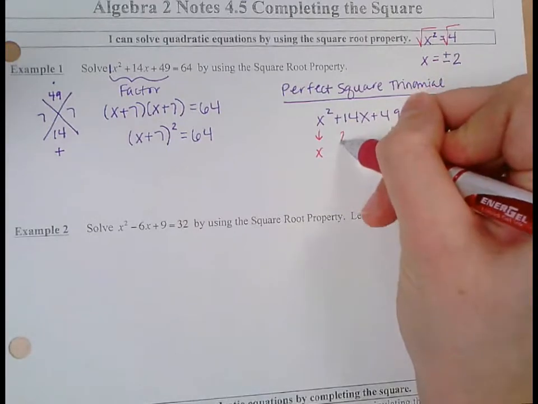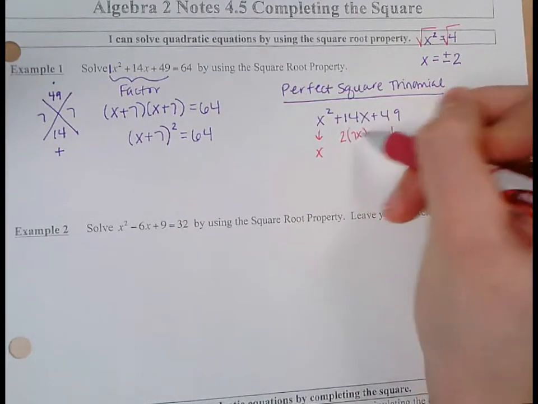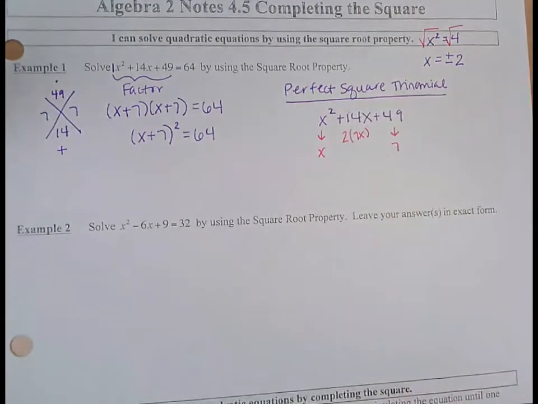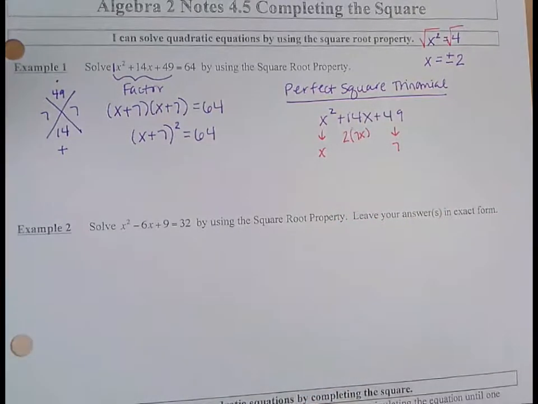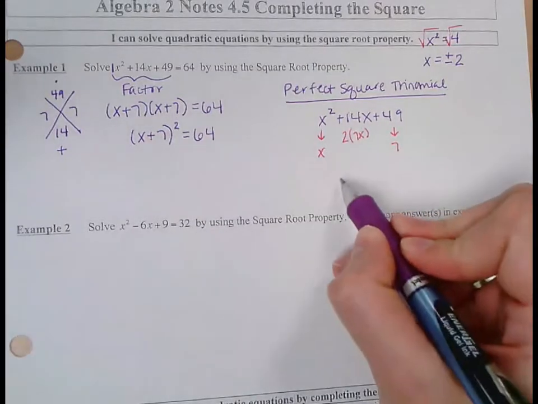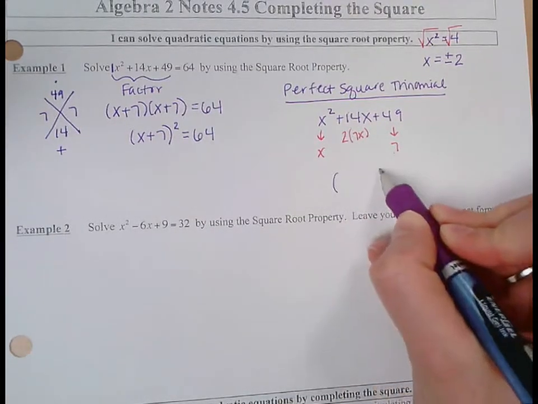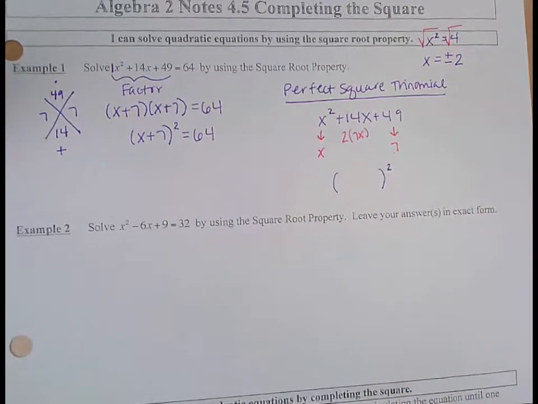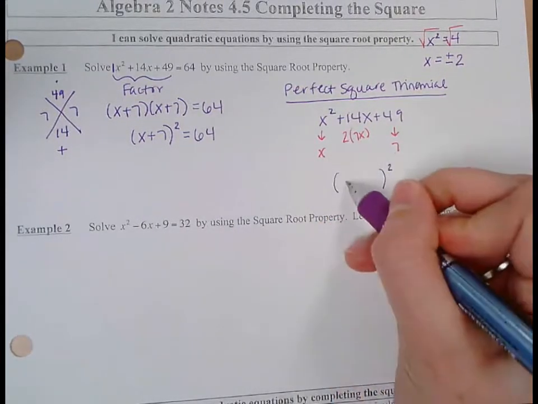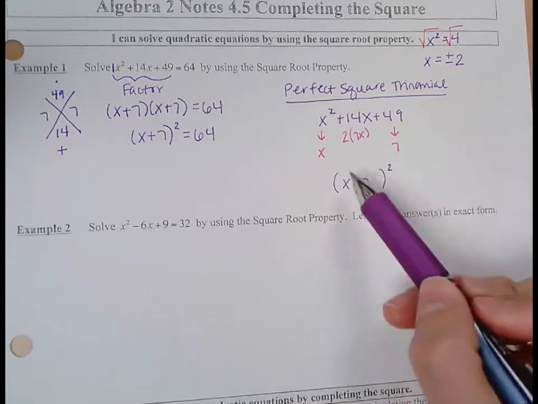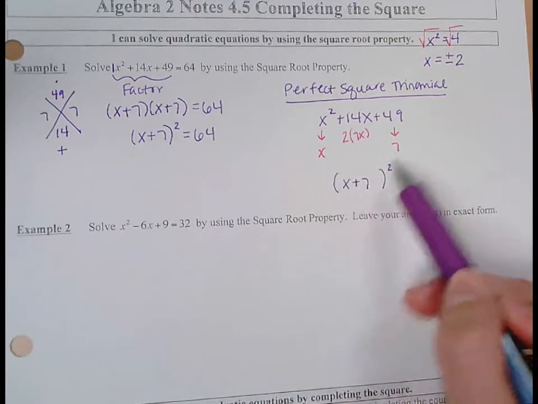If I double that, I do get 14x. So if you have a perfect square trinomial, the shortcut is to say this is going to factor to be a quantity squared. The quantity inside in this case would be x plus 7. So you have your 2 square roots, the x and the 7.